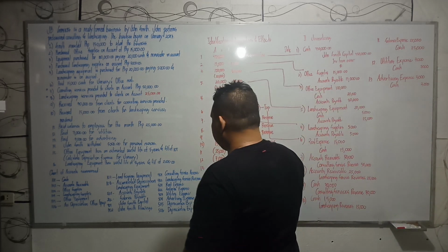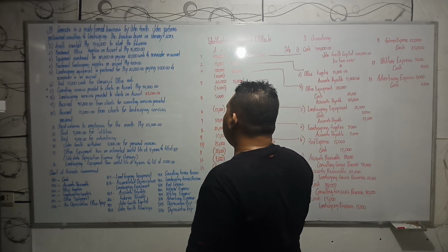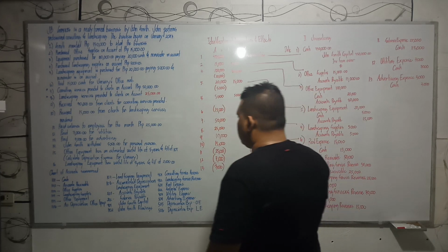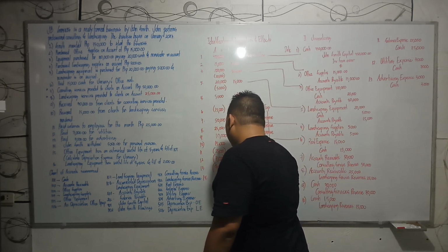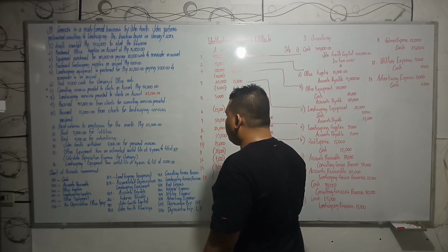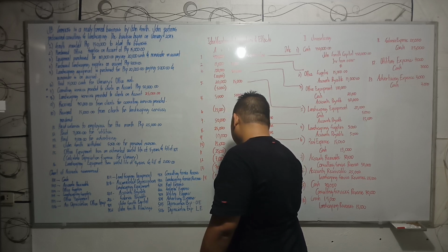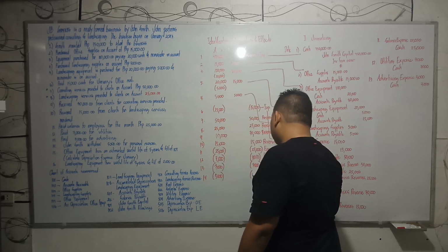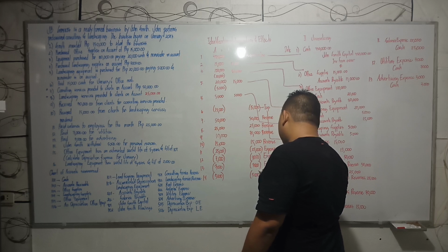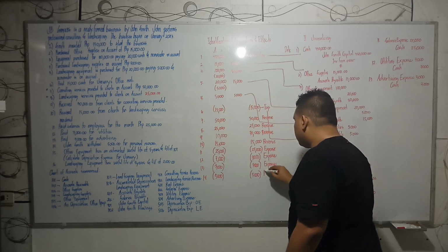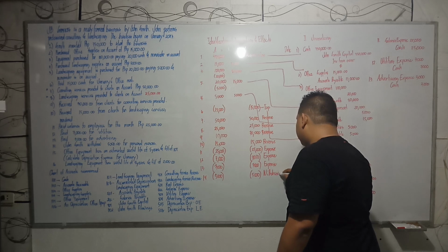Number 14, John Smith withdrew 5,000 for personal reasons. So we have a decrease of 5,000 in cash and a decrease in capital. But this time, that is due to withdrawal.